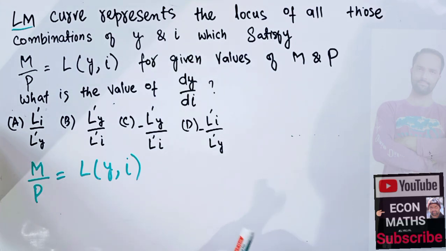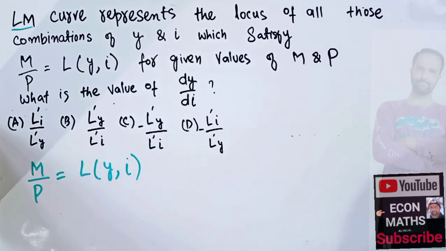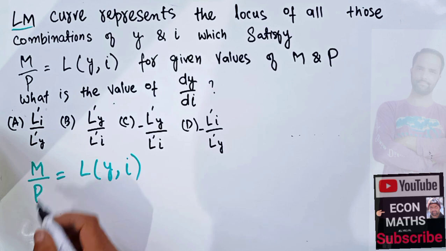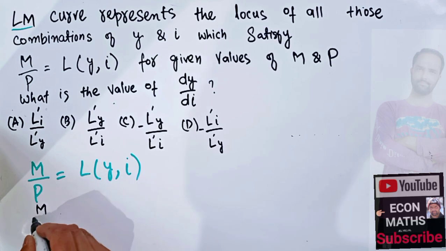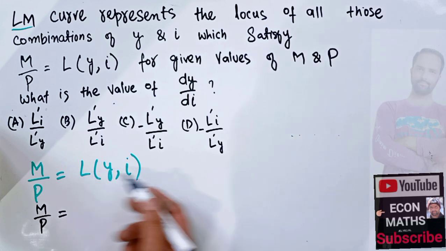Now this LM curve or LM equation shows us the money market equilibrium. Money market equilibrium occurs when the money supply is equal to money demand. We know that very well. Now M upon P is the money supply. Money demand has two components, and let me write it in this fashion.